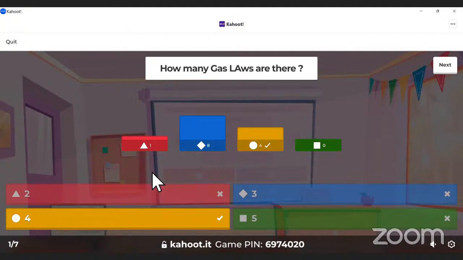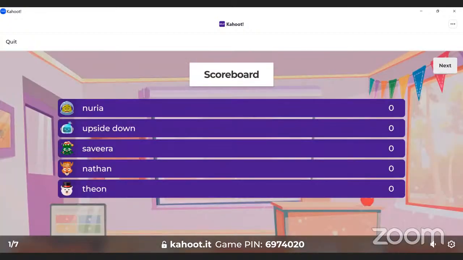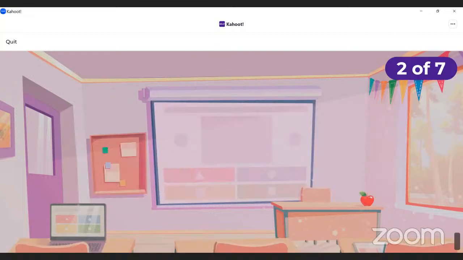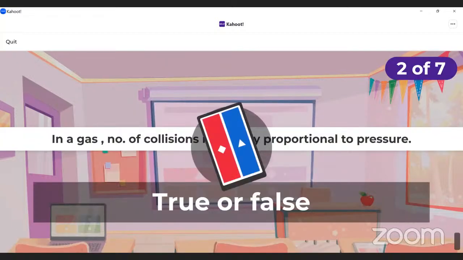Nathan, how's you? I will see who get it wrong, huh? So everybody else get it wrong. Huh? You put one? How much you put? Three? Yeah. Unbelievable, they get that one wrong. Four gas laws, you gotta include the general gas law too.